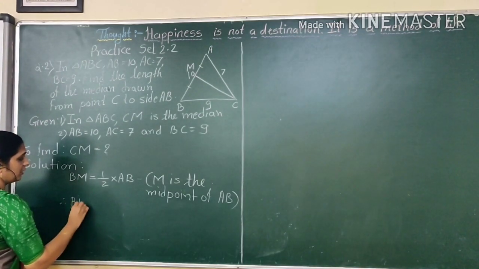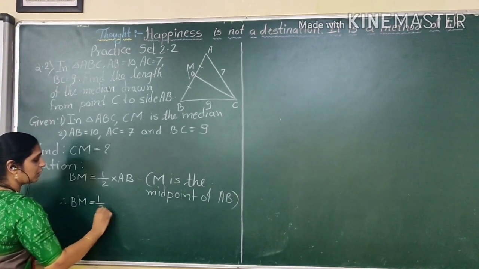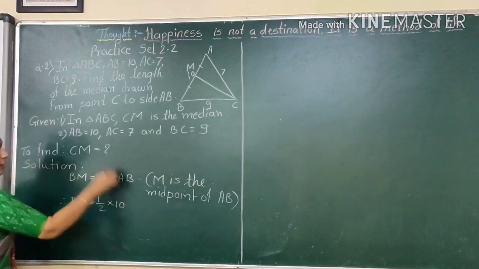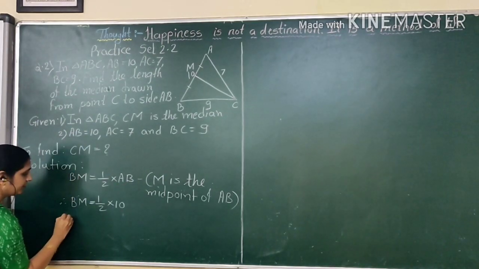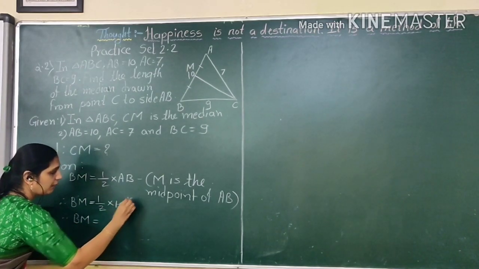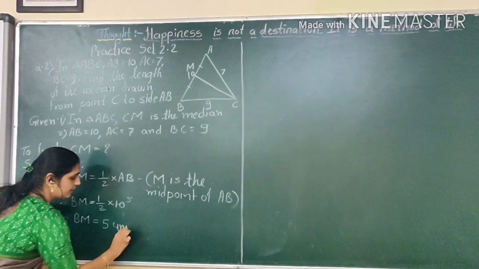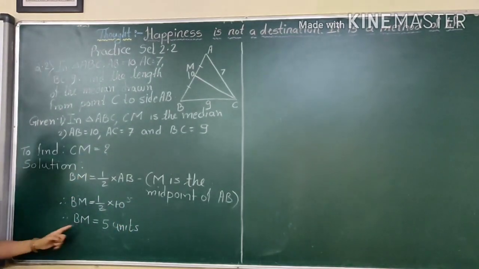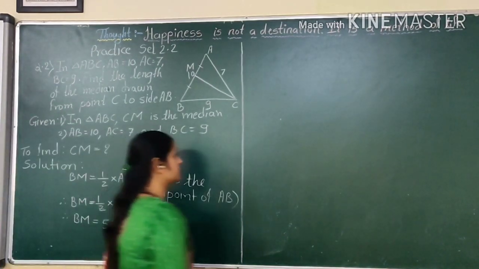Therefore, BM is equal to half of 10. AB's value is 10. Therefore, BM is equal to 5, 2 fives are 10. 5 units. Okay. BM is 5 units.